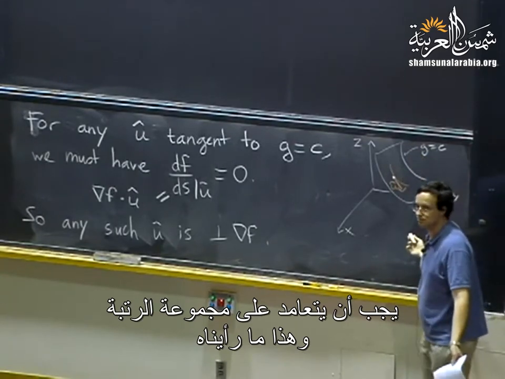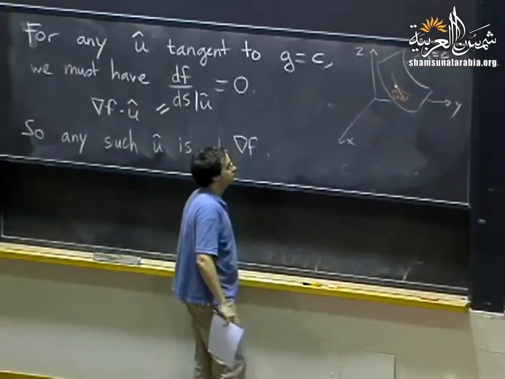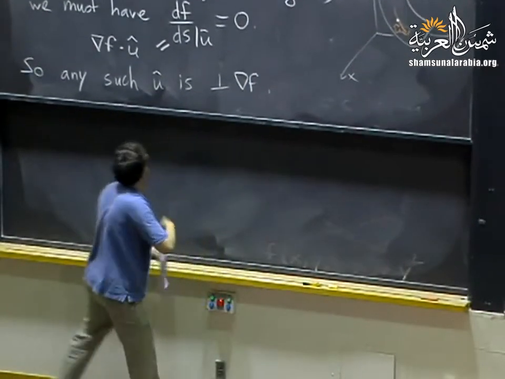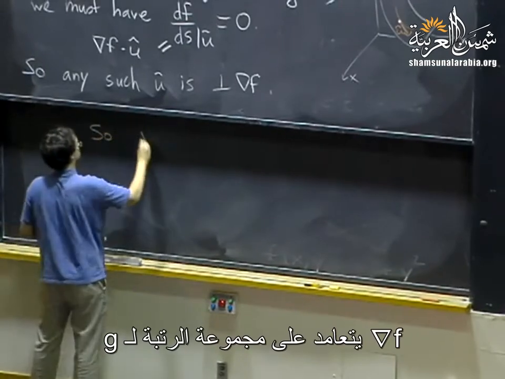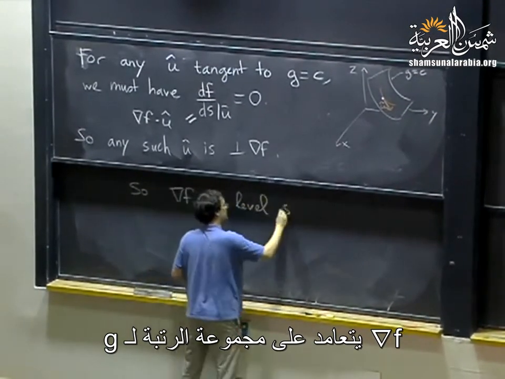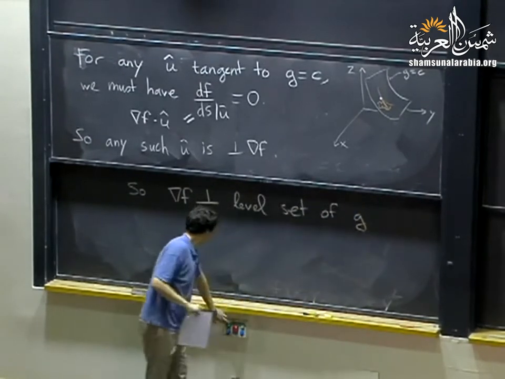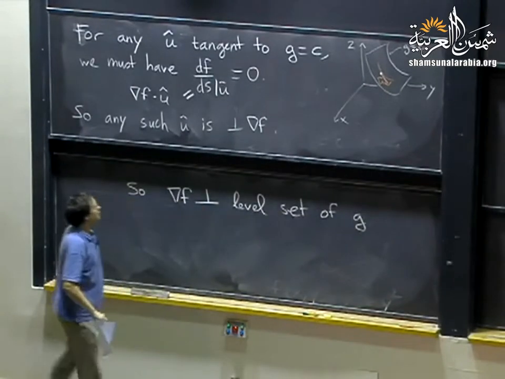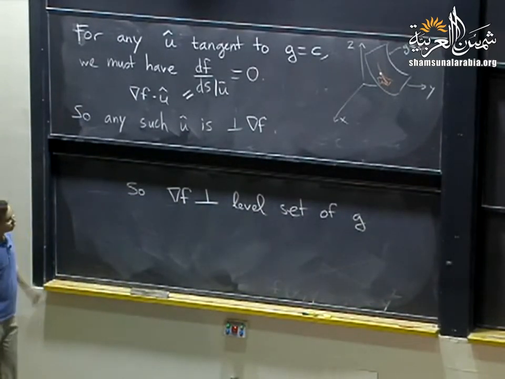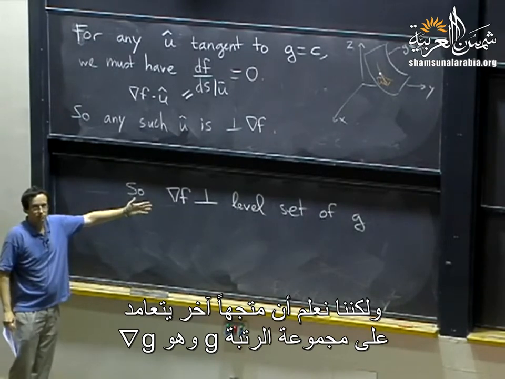That's what we've shown. But we know another vector that's also perpendicular to the level set of g, that's the gradient of g.